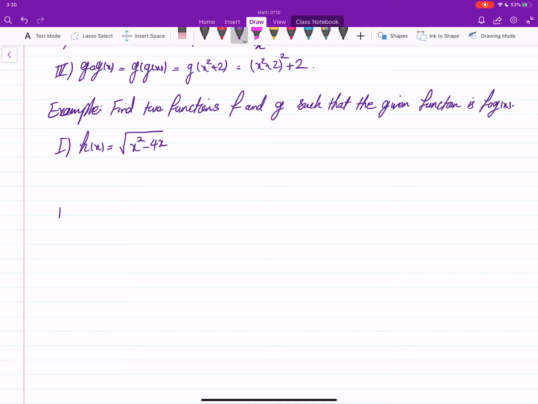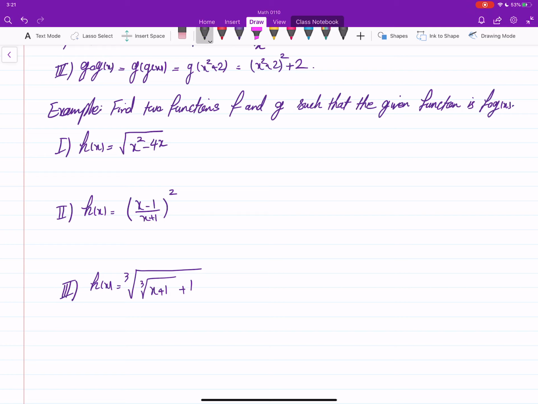The second one is h of x equals x minus 1 over x plus 1, squared. And the third one is h of x is... okay.